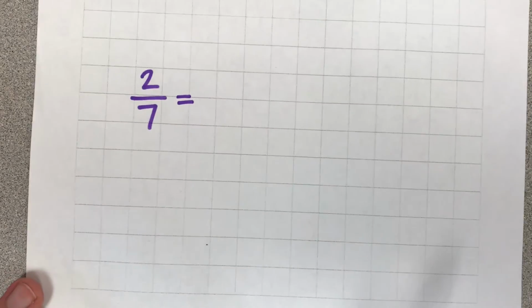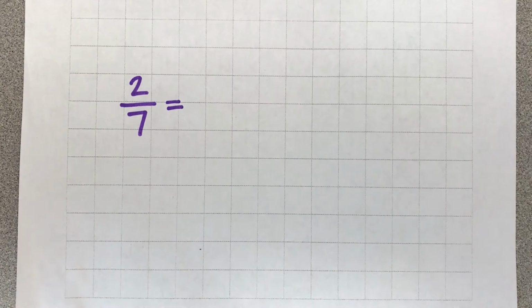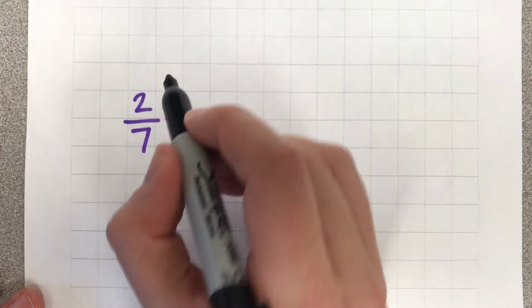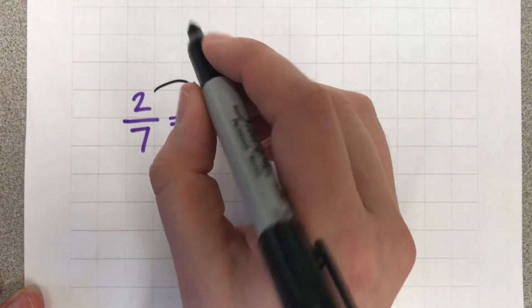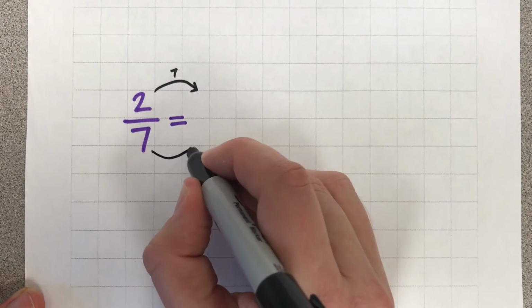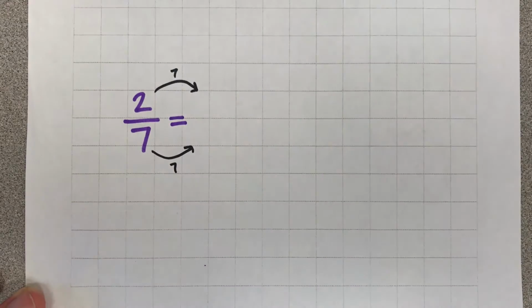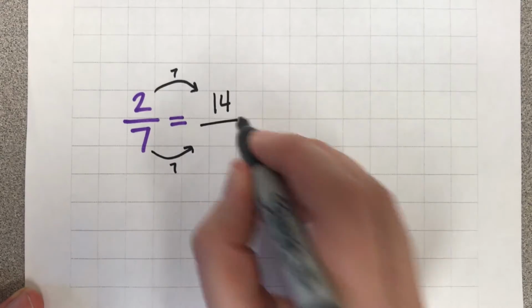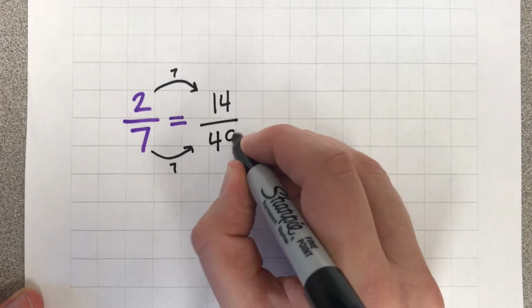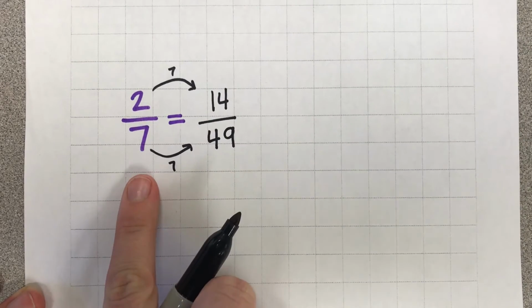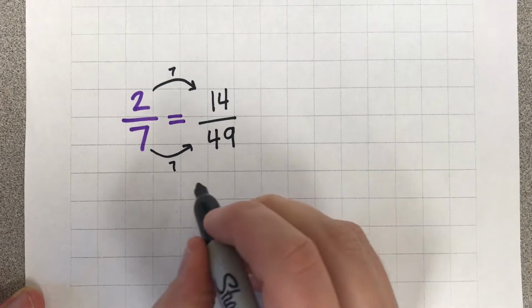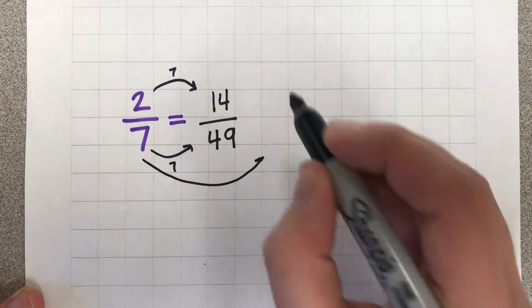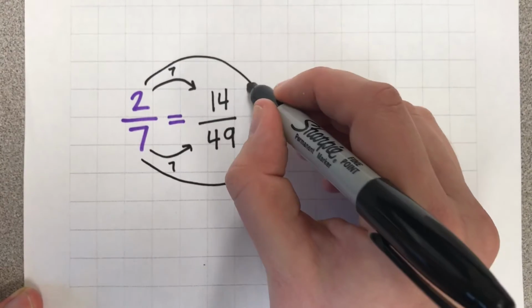We're going to try the same thing with 2/7, but instead of going with just 2 and then 3 and then 4, let's just try it with any number we want. So let's go with 7. I want to multiply both sides by 7. 2 times 7 is 14, and 7 times 7 is 49. So 14/49 is an equivalent fraction to 2/7. Then you can do another number, anything you want.